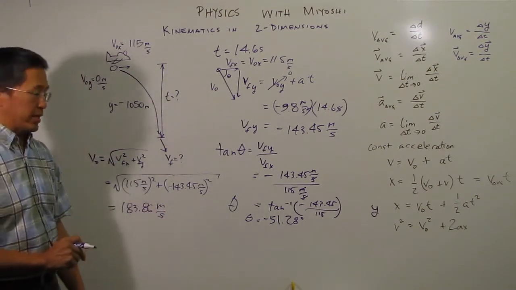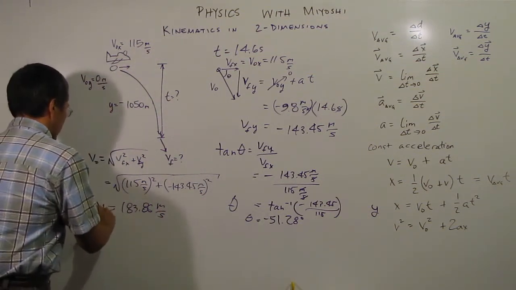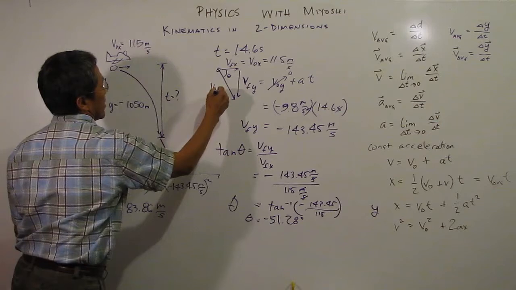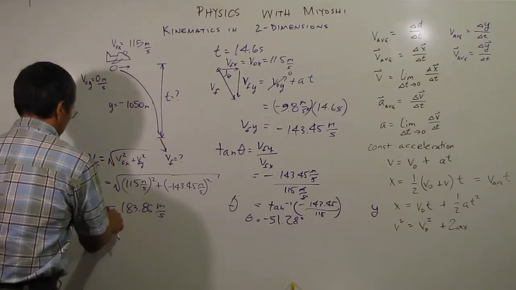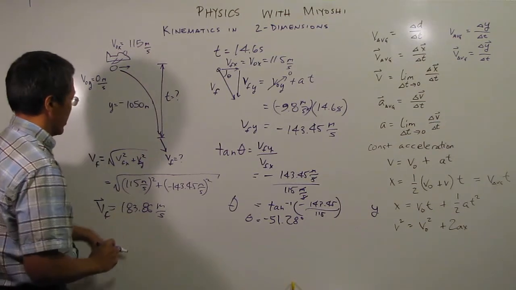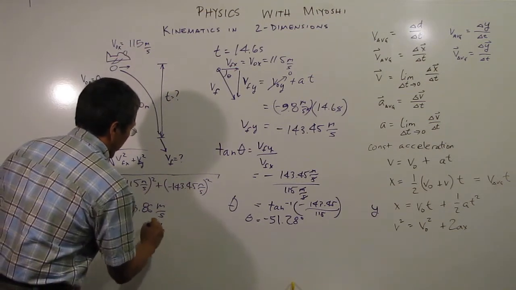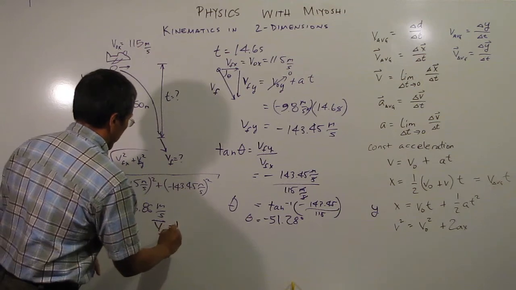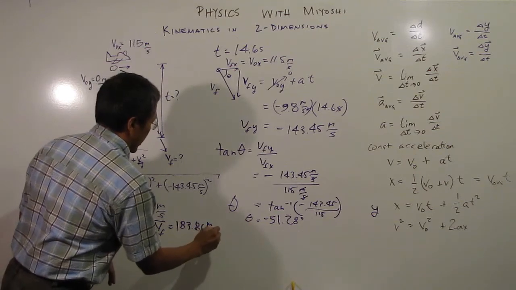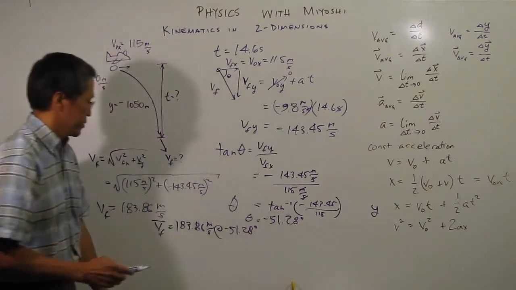I might have too many significant digits there, but I'm not so worried about that at this point in time. That shouldn't be v0, that should be vf. So our vf vector is 183.86 meters per second at an angle of negative 51.28 degrees.